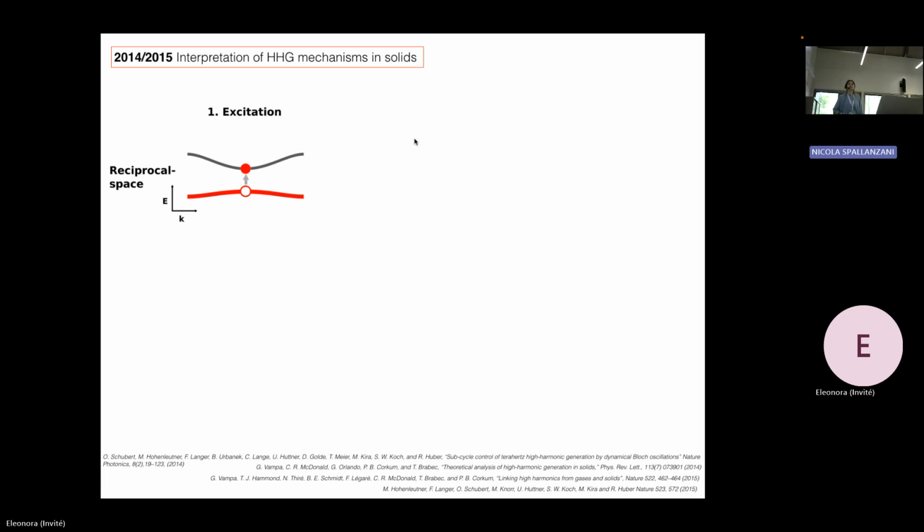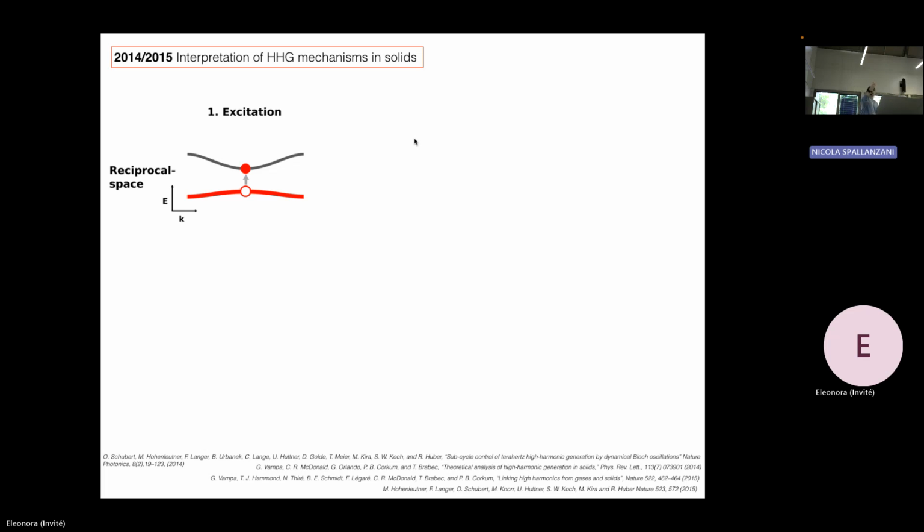Starting from here, the challenge, in particular from the theoretical point of view, is to really understand what's going on. Because in solids you have this band structure, things are more complicated than in molecules. I propose some of the theoretical work that has been done for the interpretation of what is going on in solids.